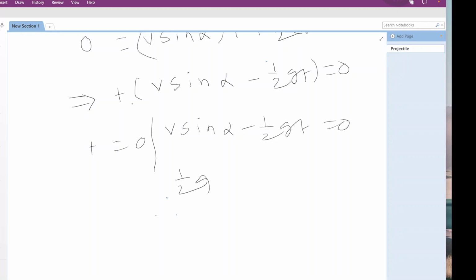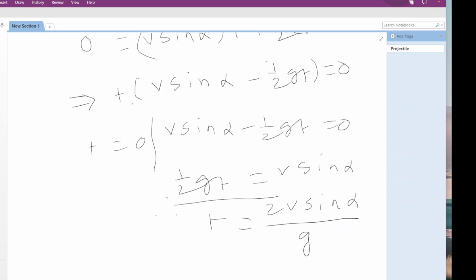Therefore half g t equals v sin alpha, and t equals 2v sin alpha by g. This is the time of flight, the time the stone stays in air.